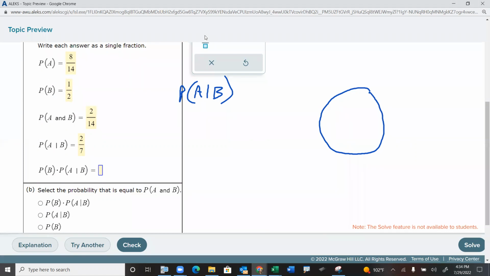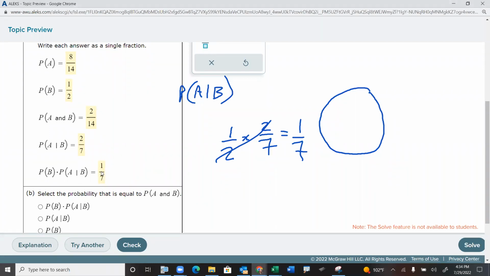We already know that the probability of event B is 1/2, and we know that the probability of A given B is 2/7. And the 2's cancel, and we just get 1/7. So that's kind of how it goes.